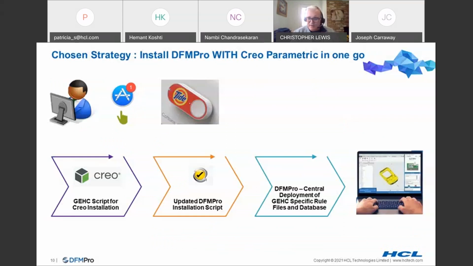Press a button and it will install Creo. It'll install DFMPro, which for us is just part of Creo, and it will configure that DFMPro to use the special GEHC rules and the database for our plastics and so forth, all in one shot. That's all we wanted, and we wanted to have low-level control.